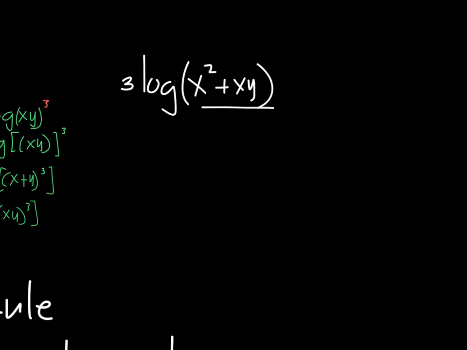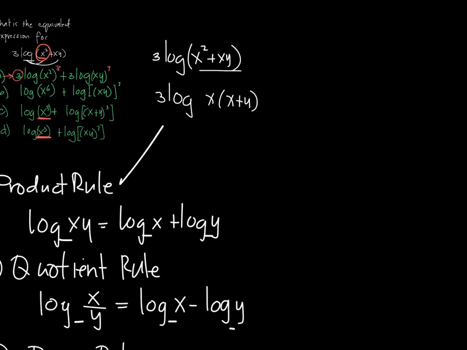But once you notice that x squared and xy have a common factor x, we can rewrite this as x times x plus y by factoring out the x. In that way, we were able to create a product of two expressions. Since we have a product now, we can apply the product rule.